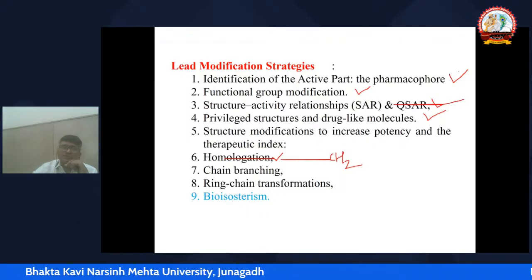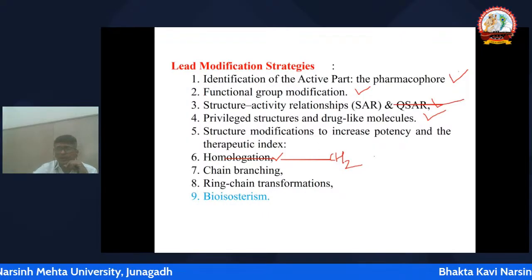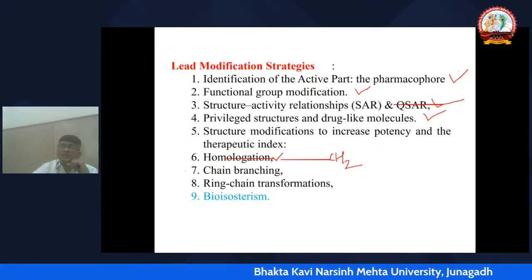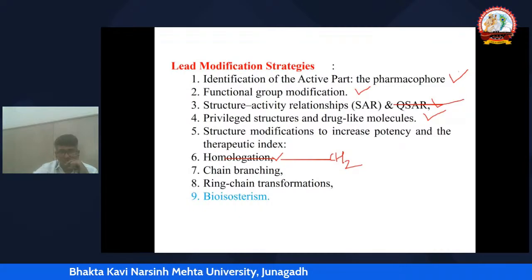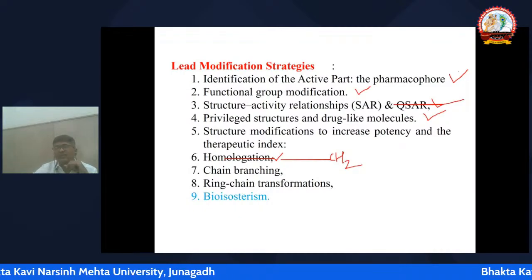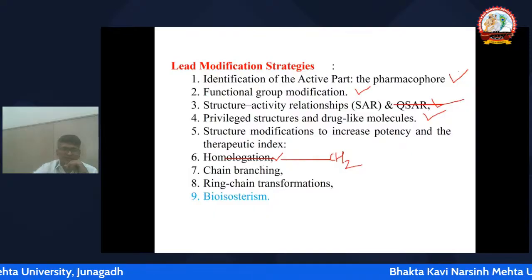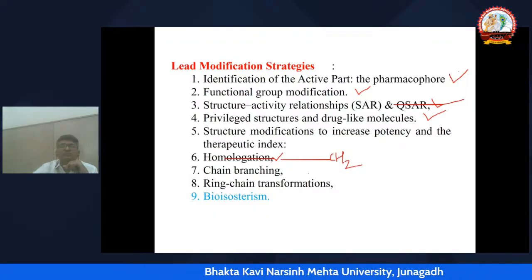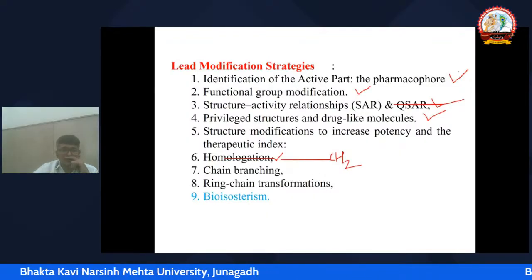So we can prepare compounds similar to that, higher or lower homologues. Similarly, we can prepare branching. If the linear molecule is the same, we can prepare chain branching, meaning propyl or isopropyl, butyl or isobutyl groups. So we can prepare the branched groups.